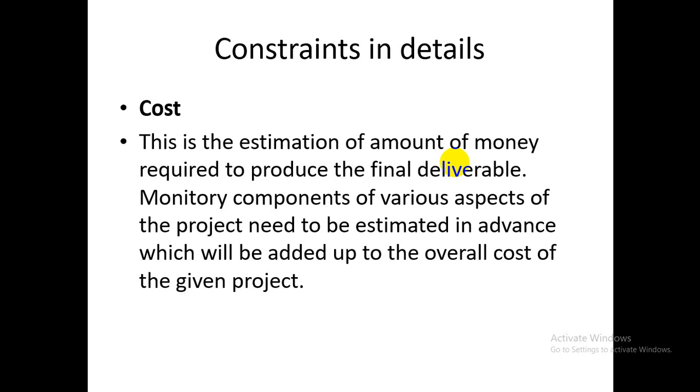Now, if the cost is lower than your estimation, and you find that the project will consume a lot more money than what you estimated, then the project will not run, because you have used the money, and the project has not yet reached the outcome.